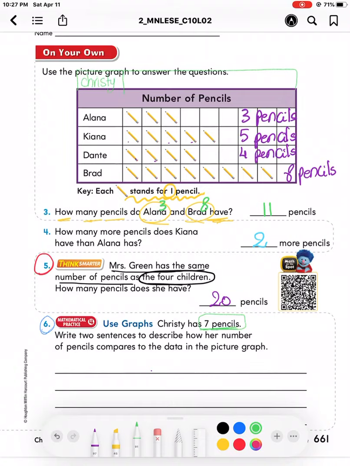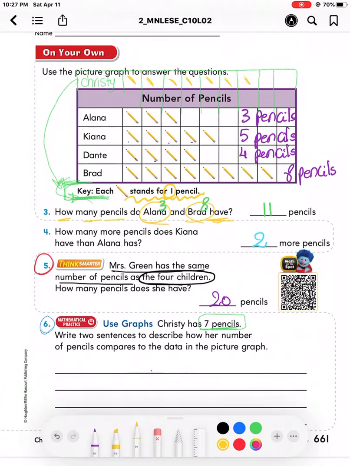I will draw it like this only because I don't have a space here. If I have a space here, I will add the Christy here, okay? So check in your book. If you have a space, you can do it. Christy has how many pencils? 7 pencils, so we will draw it like this: 1, 2, 3, 4, 5, 6, and 7.